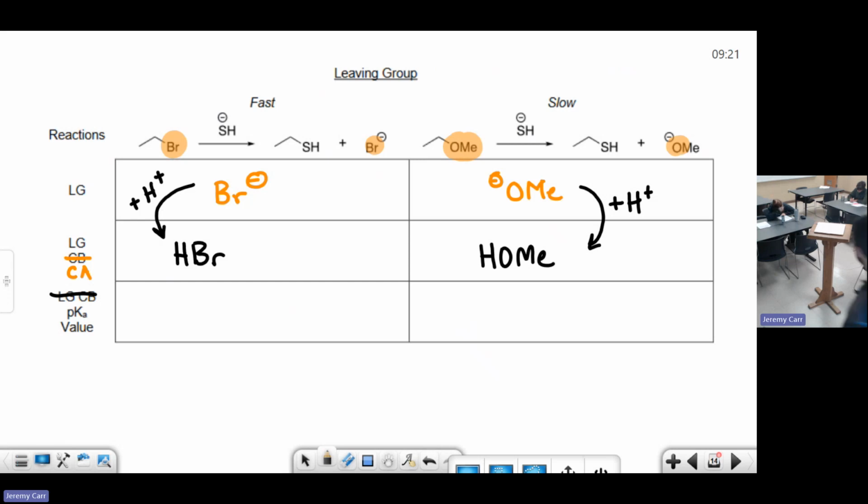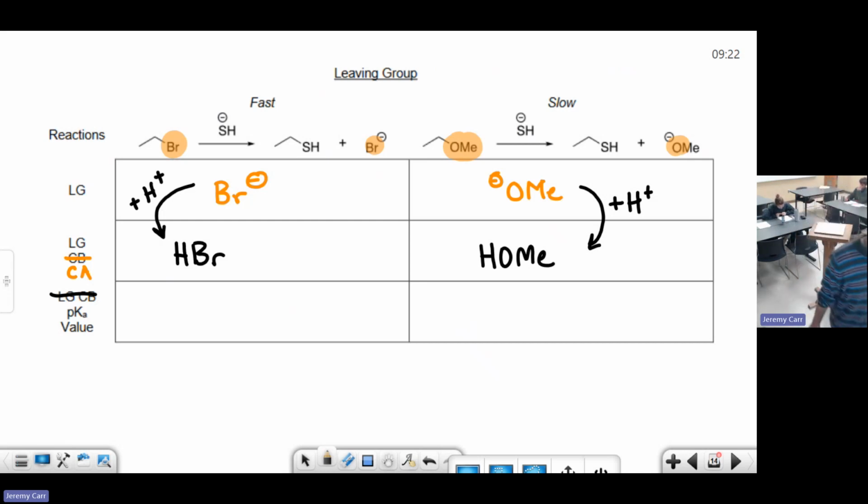So HBr, pKa value for this is what? Positive or negative? Negative means wicked strong, a strong acid. Positive value means not strong. It's a weak acid. HBr is a strong acid.